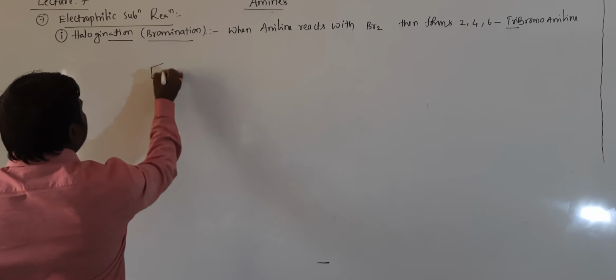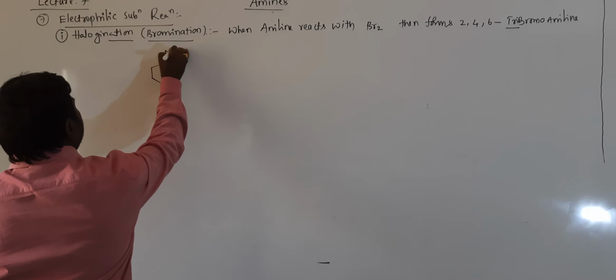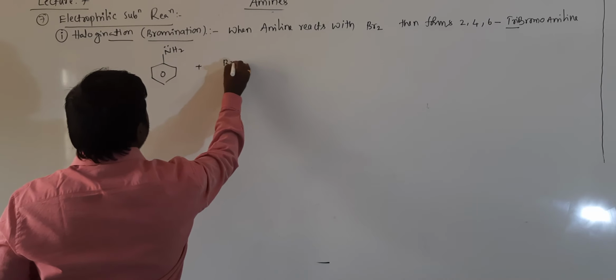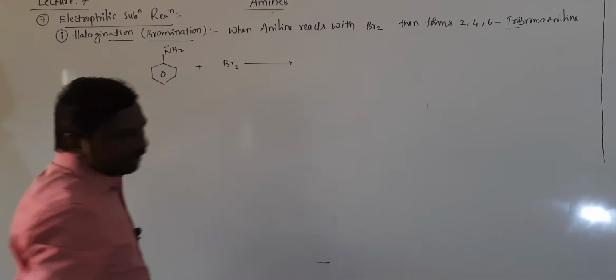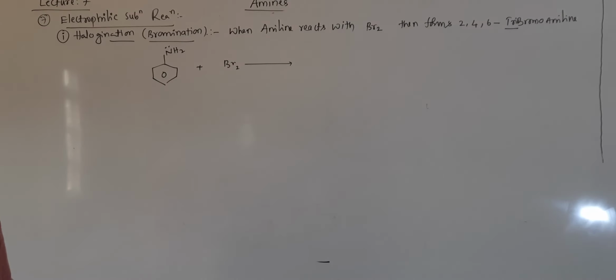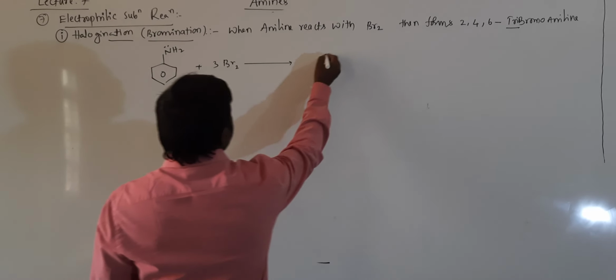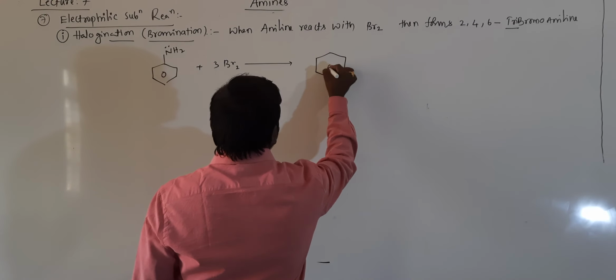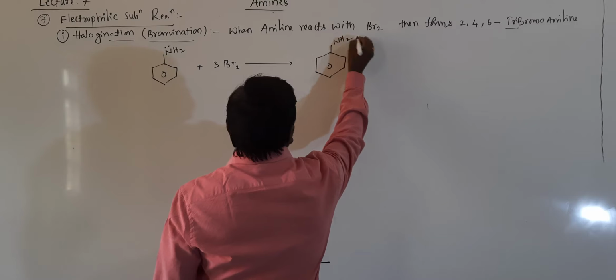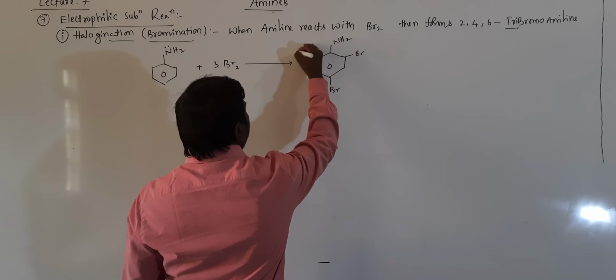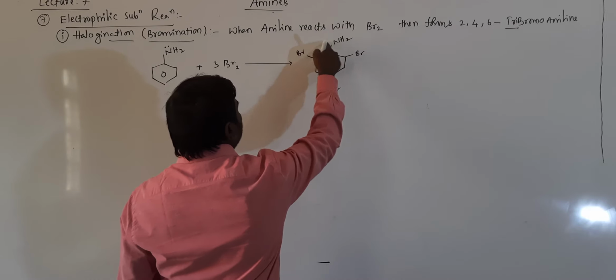Yes, it is aniline, NH2, reacts with bromine, then gives rise to 3 moles of bromine, right? Then forms NH2, ortho position bromine, para position bromine, again ortho position to the NH2 also bromine.